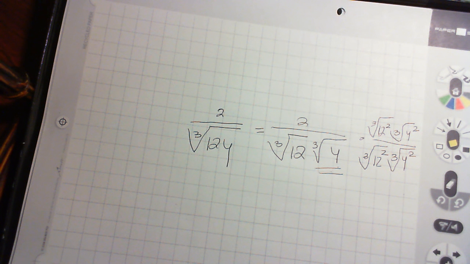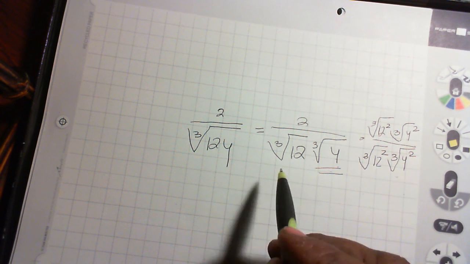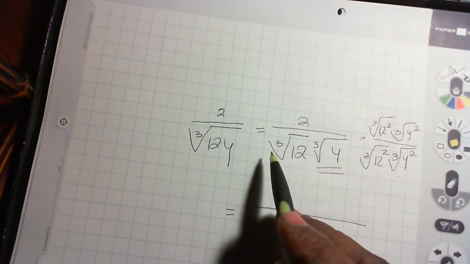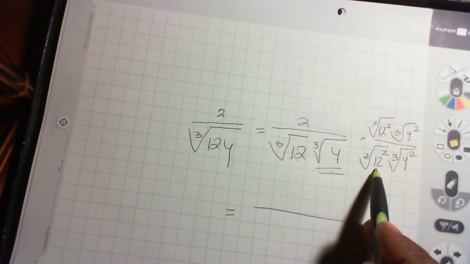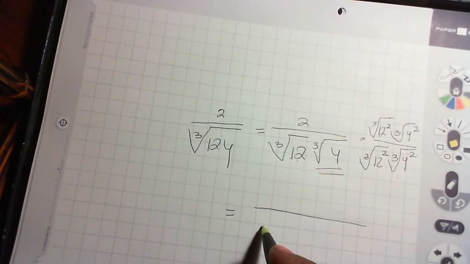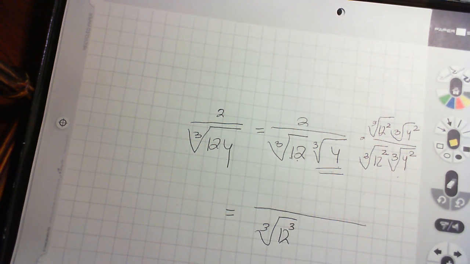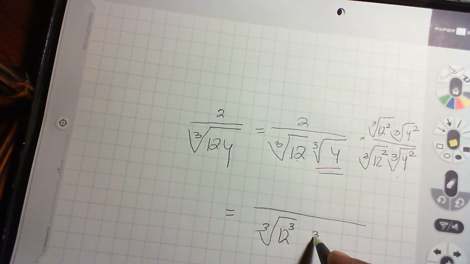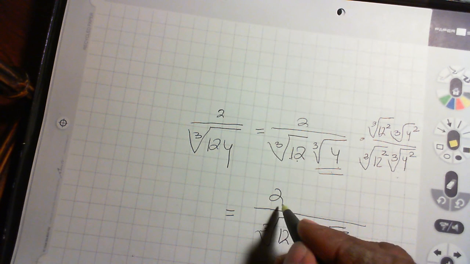Whatever you do at the bottom, you have to do the same thing to the top. So here you have the cube root of 12 times the cube root of 12 squared, which is the cube root of 12 cubed. Here you have the cube root of y cubed.